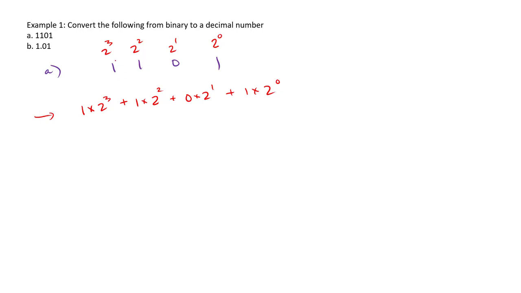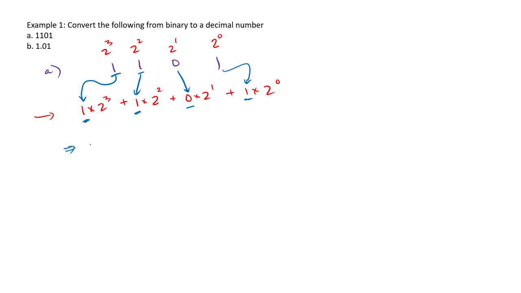Notice we take our binary number and we multiply the power of 2 by that value. Then we sum our powers of 2 to get our final answer.